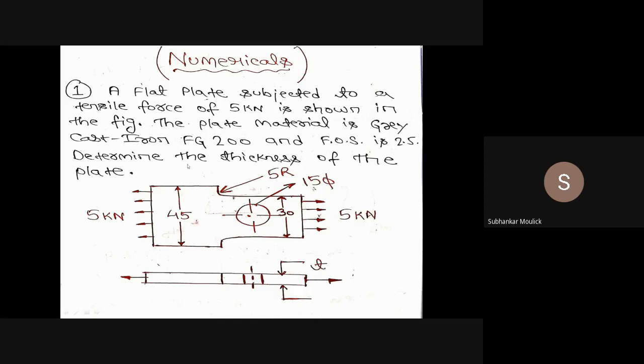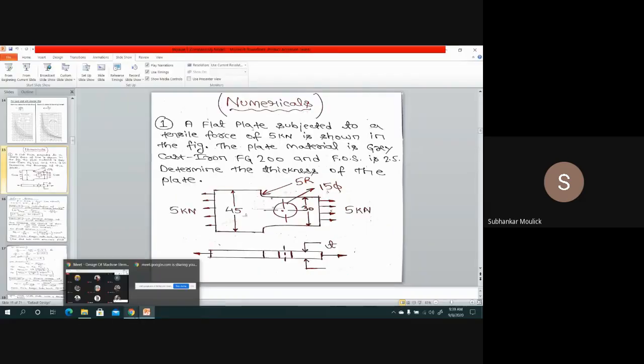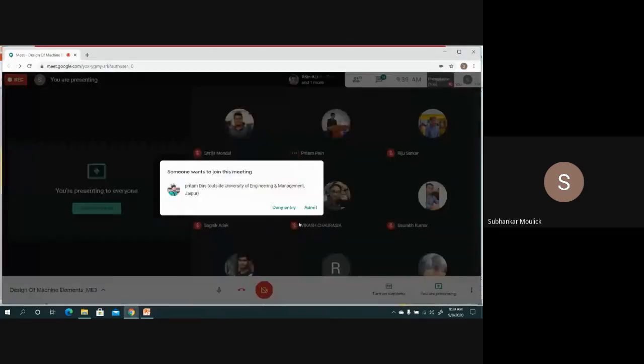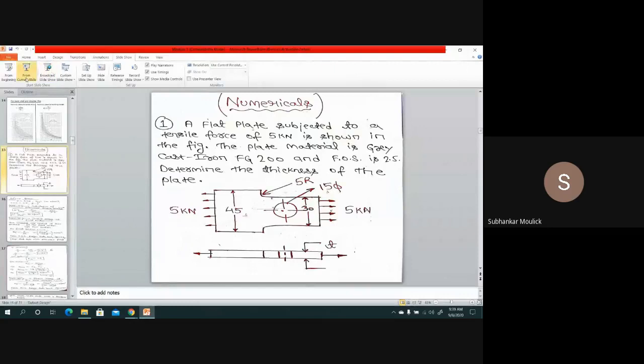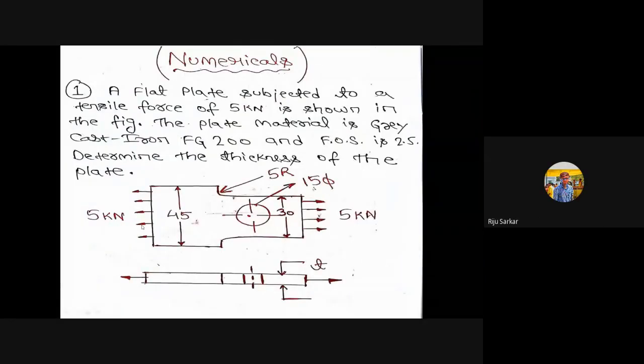The plate material is grey cast iron FG200, and the factor of safety applicable for this component is 2.5. What I need to determine is the thickness of the plate. How thick will the plate be? That we need to determine. Is the question clear to you? Yes, sir.